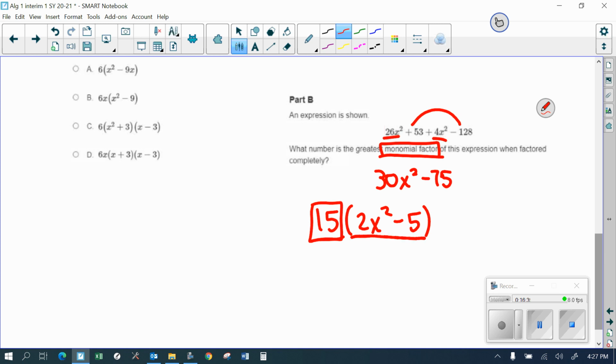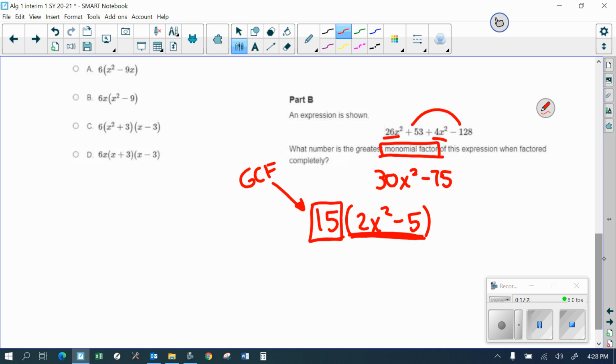So then this is going to be your answer, I believe: 2x squared minus 5.